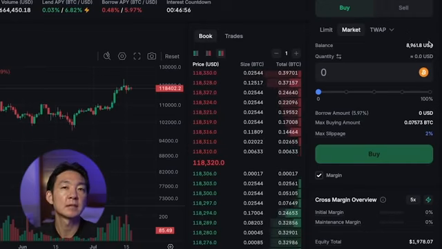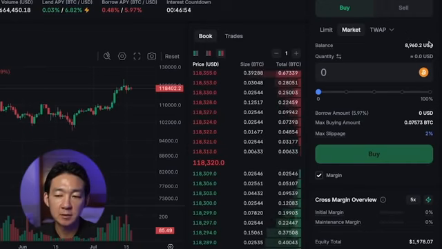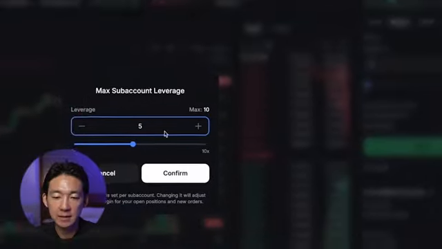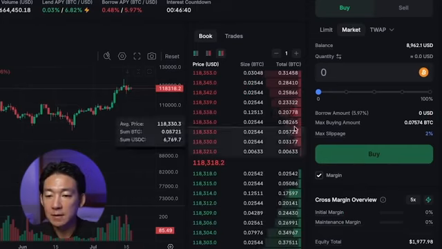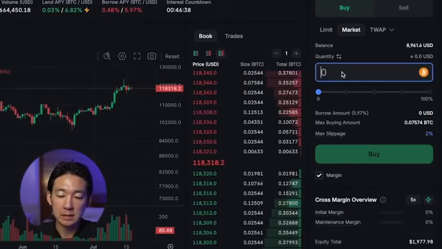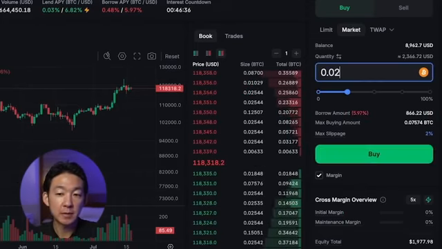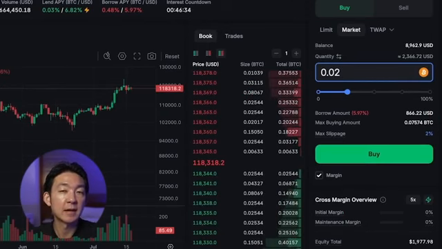I don't like to take too much leverage. It could go up to 10, but depending on your preference. Let's just say 5 and confirm. And I'm going to now buy 0.02 Bitcoin, which is more money than I have, right?